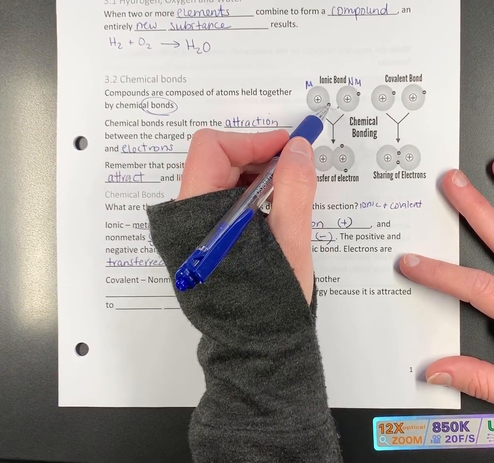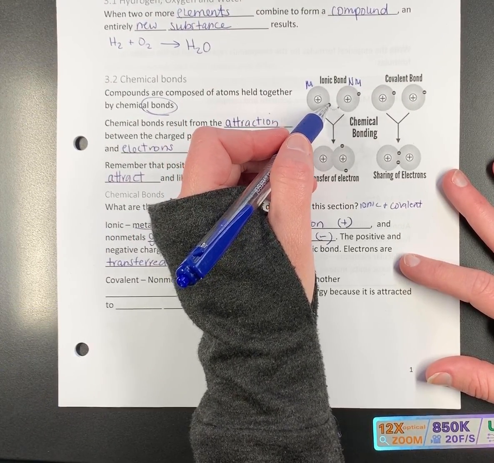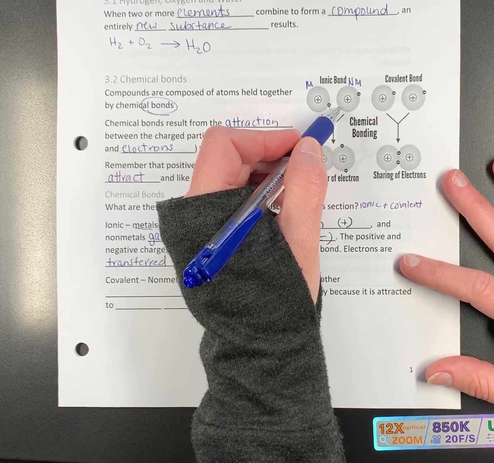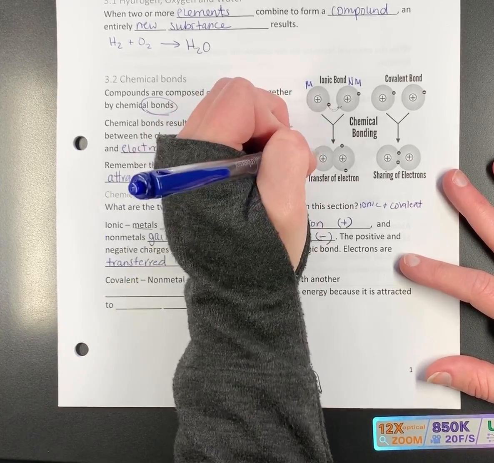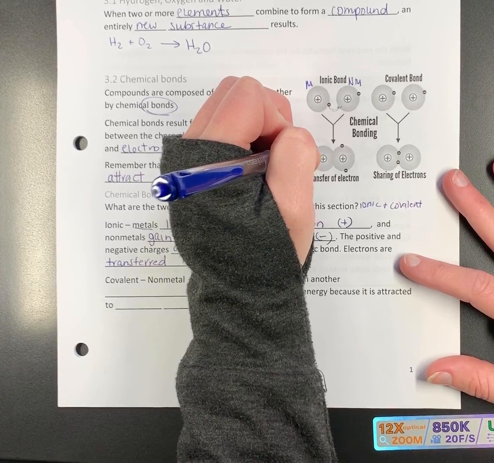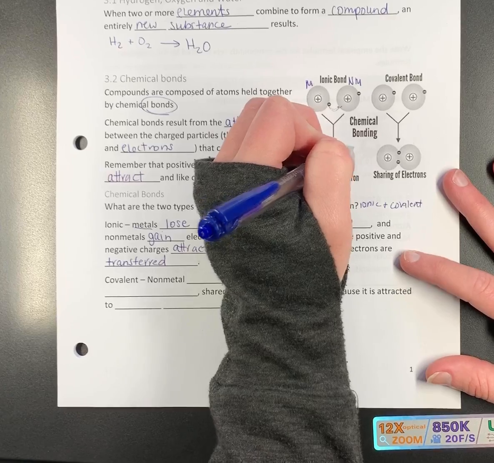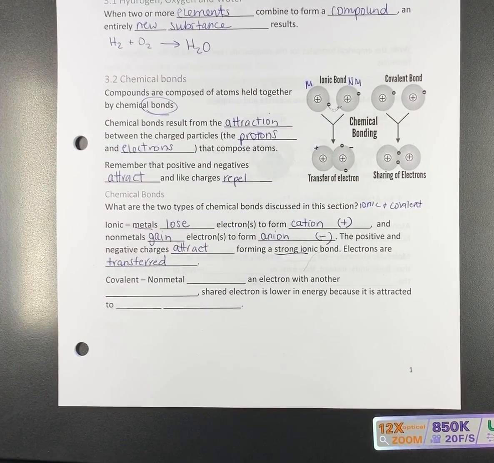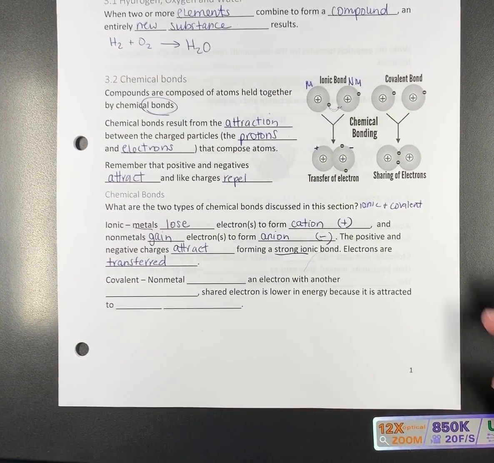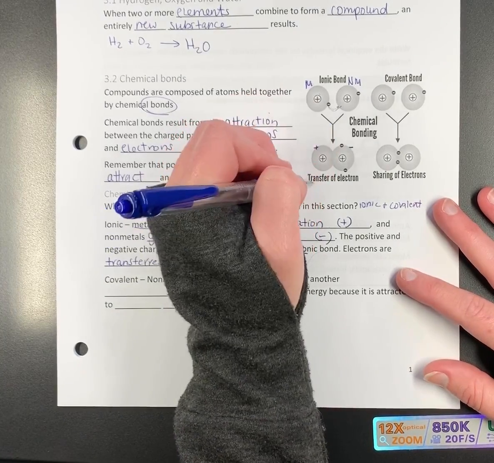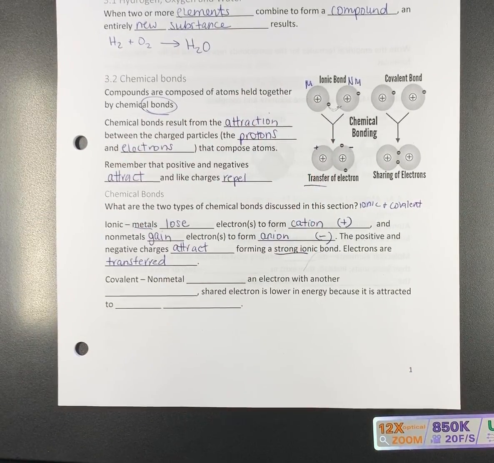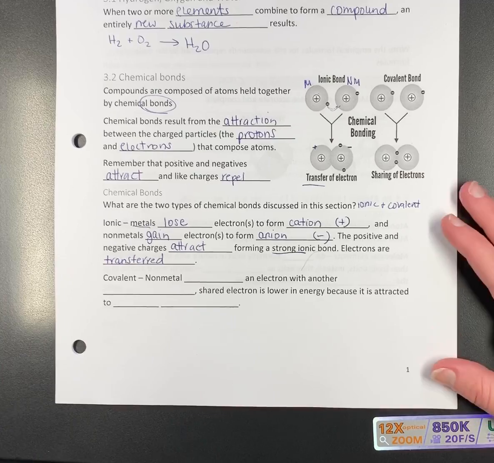So the metal is going to lose this electron and it's going to give it to the non-metal. So that means this one becomes positively charged. This one is negatively charged. So they stick together like a magnet. So one electron is actually completely transferred to another. In a covalent bond, that's a little bit different.